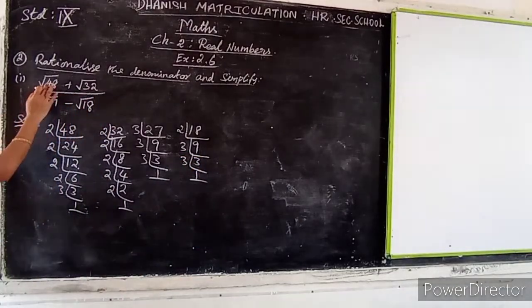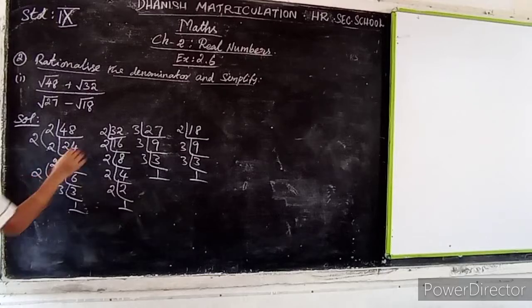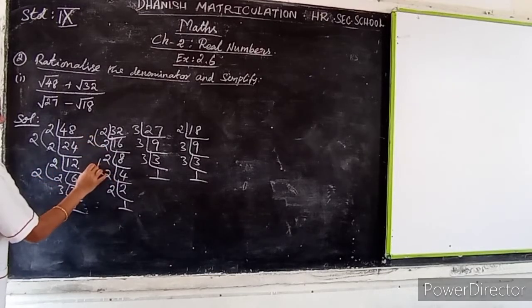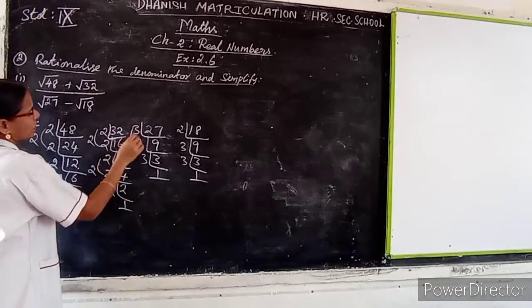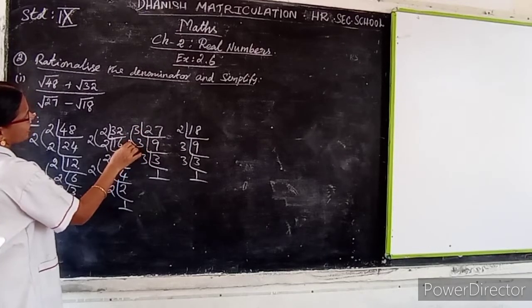So this root 48 can be written as, for these two 2s take 1 2, for these two 2s take 1 2, for these 3 take 1 3 out.